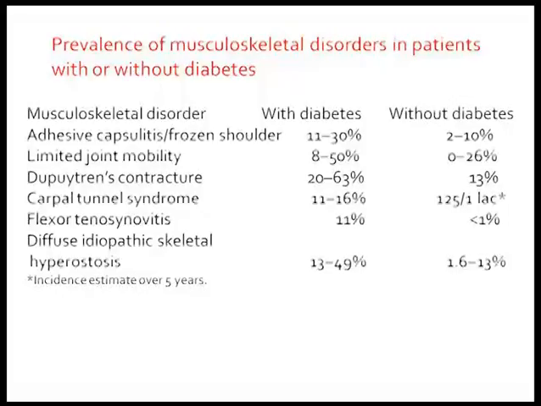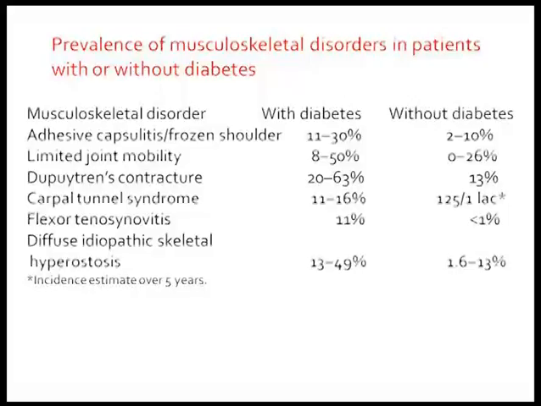Limited joint mobility is very common in diabetic patients, about 50%, much less in people without diabetes. Dupuytren's contracture also very common in diabetic patients. Carpal tunnel syndrome is a little bit on the higher side, as are flexor tenosynovitis and diffuse idiopathic skeletal hyperostosis. All of these conditions are much more frequent in diabetes as compared to those who don't have diabetes.